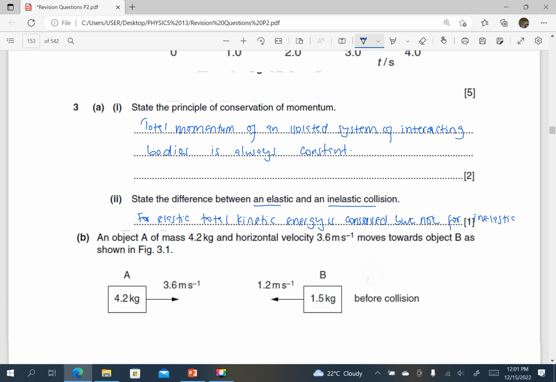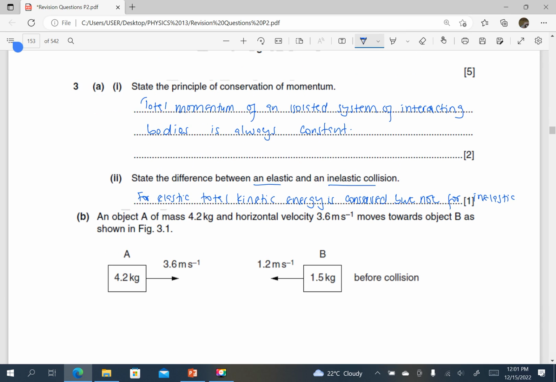So that is the major difference. For elastic collision, total kinetic energy is conserved. For inelastic collision, it is not conserved.